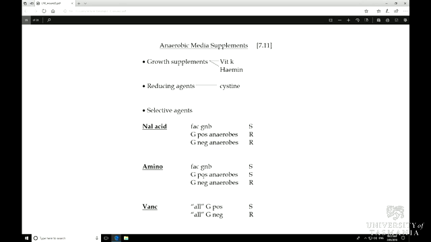Or we might use vancomycin. Vancomycin is a drug that kills almost everything that's gram-pos, but nothing that's gram-negative. And we may use these drugs in combination in a single agar plate or by themselves. But these three drugs are the mainstay to make our plates selective for anaerobes.